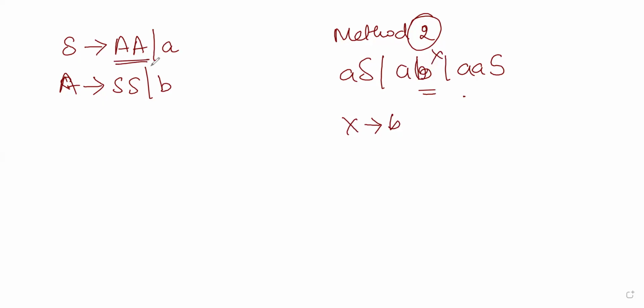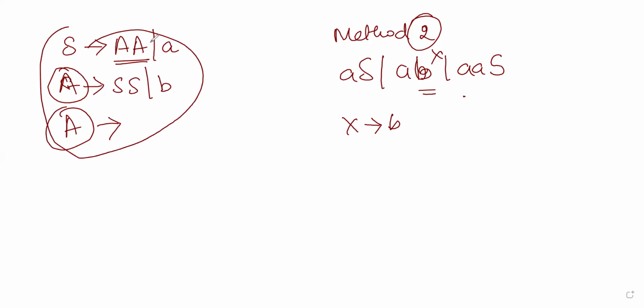But here A is already created, so I cannot create a new variable A and make it some other value. This will be quite confusing. For this kind of problem you have to use method 1 to solve it.